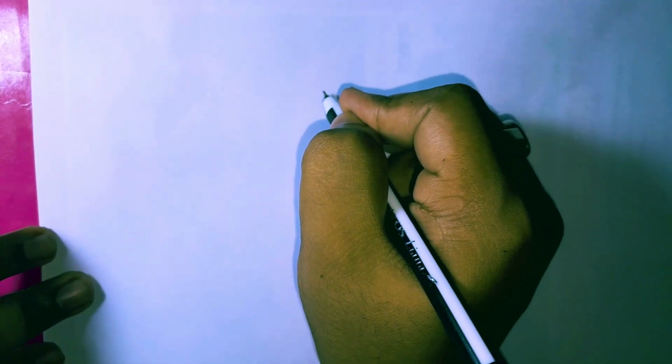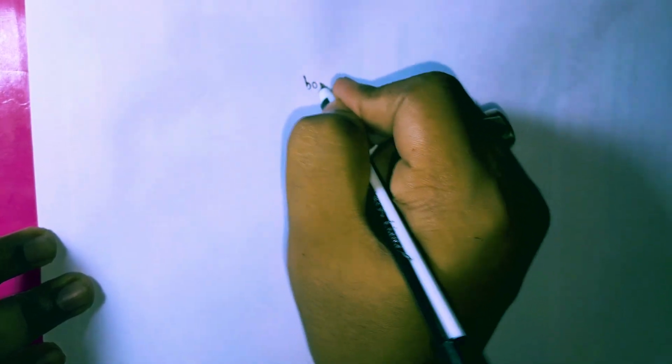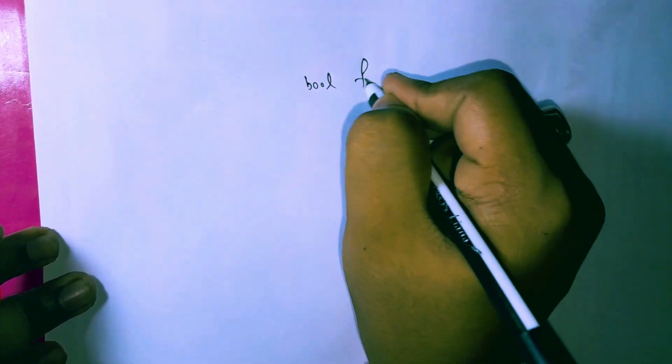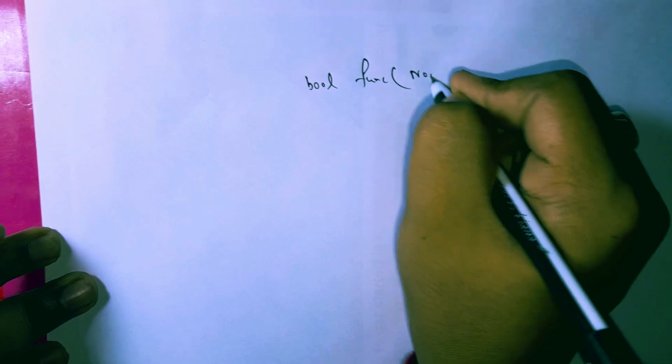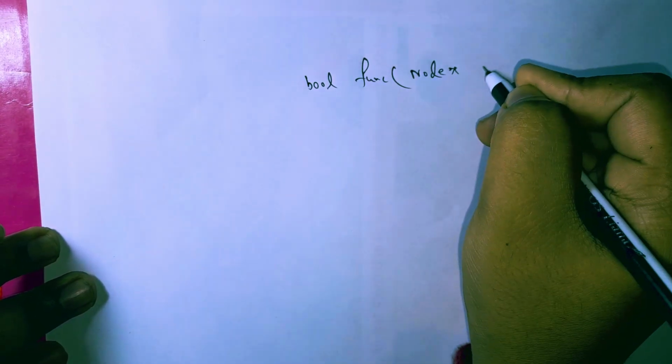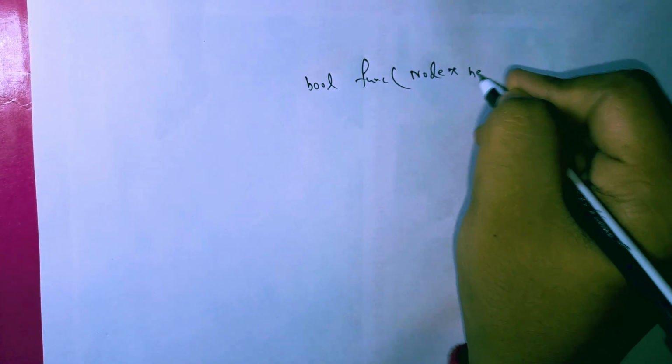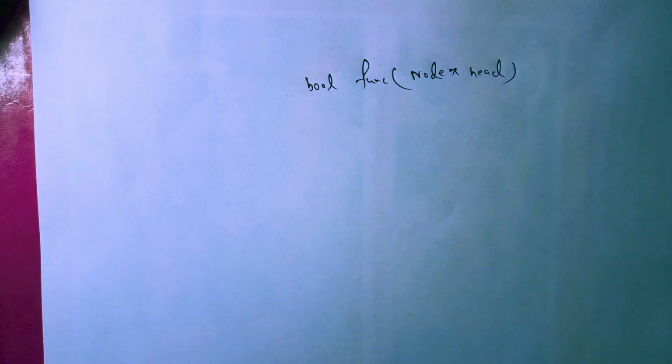So for slow and fast pointer, suppose my function name is a bool function, and you are supposed to give the head.